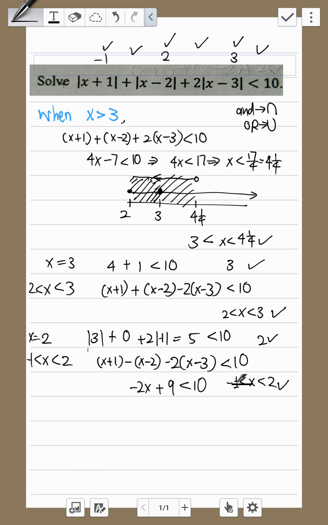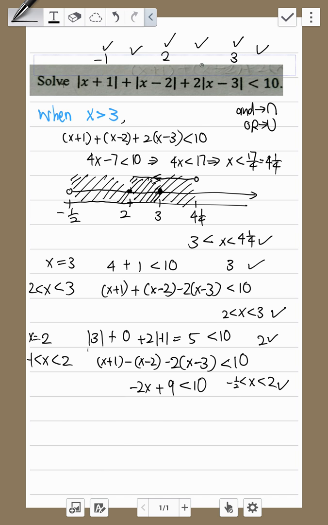So from 2, just now we accepted 2, then proceed downwards, we accept up to minus half. On the number line, minus half I do not include, so it's a white dot. I don't have an underline there. So from 2 to minus half, I would accept.